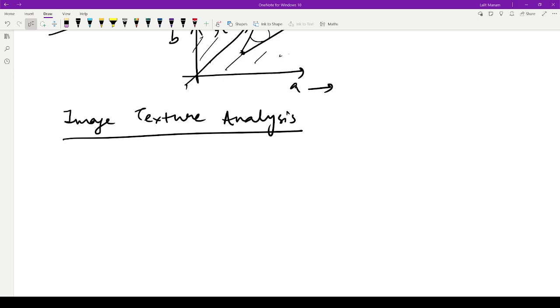Anything else? It's a repeating pattern of variation. Yes, it's the repeating pattern. If you see a wooden surface, do you find any texture there? Yes, right? Because the texture of wood depends on how the wood was cut. Based on that, you have texture there.